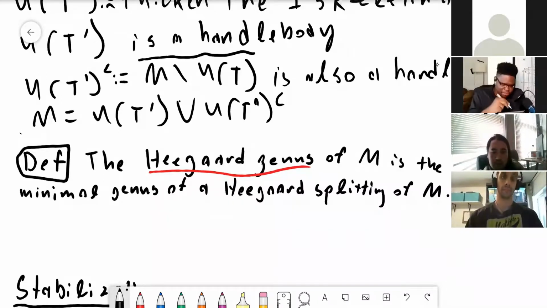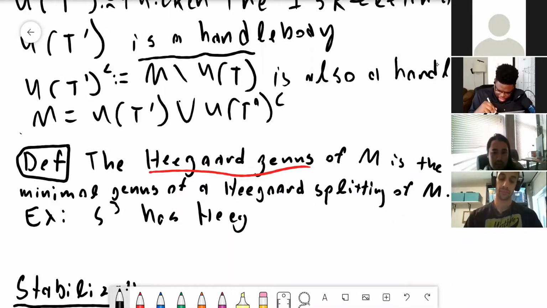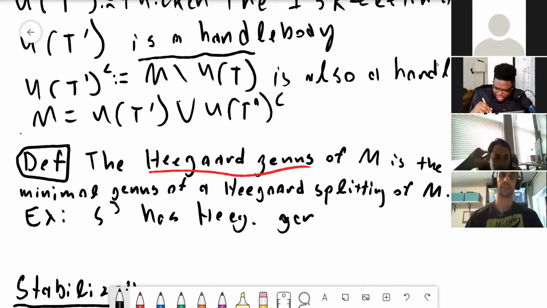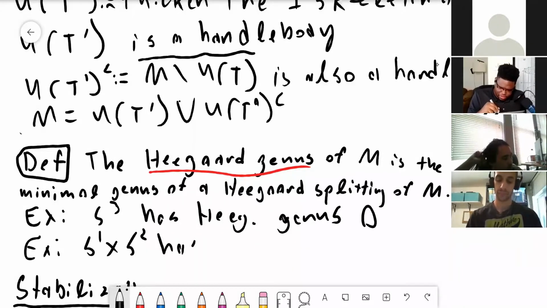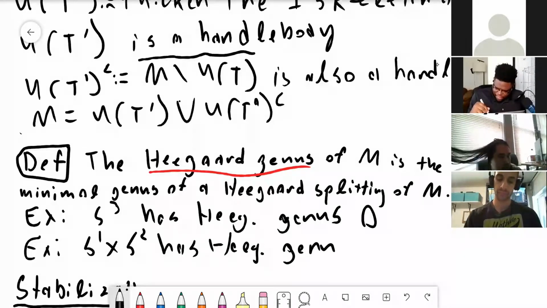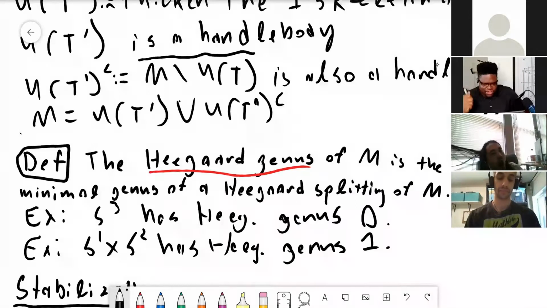So for example, S3 has Heegaard genus 0, as we've already seen. It turns out this is the only manifold of Heegaard genus 0. Which means that S1 cross S2 has Heegaard genus 1, as we've already demonstrated.